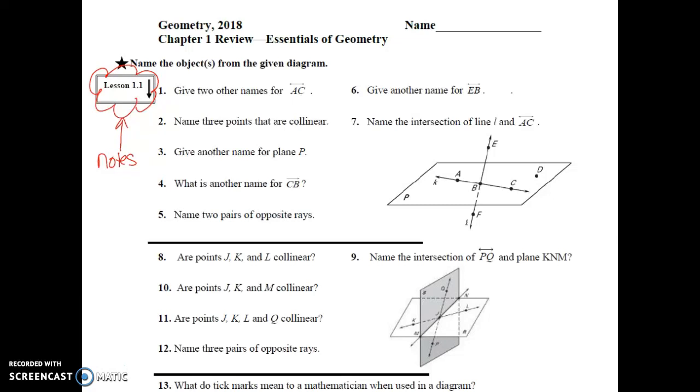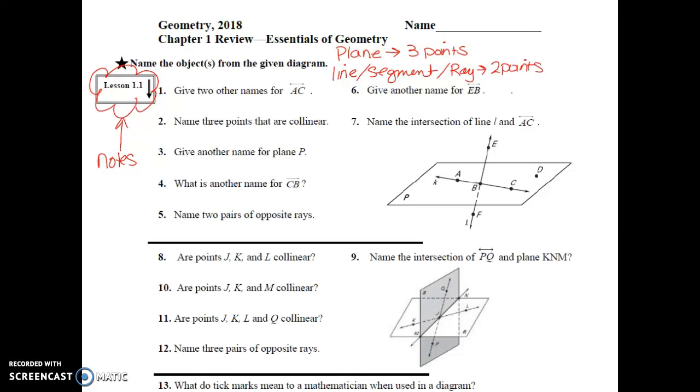In this first section, notice that you're going to be naming a lot of points, lines, rays, things like that, the technical part of this. So a couple things. Remember that when you're talking about a plane, generally speaking, you're going to use 3 points. When you're talking about a line, a segment, or a ray, you will use 2 points.